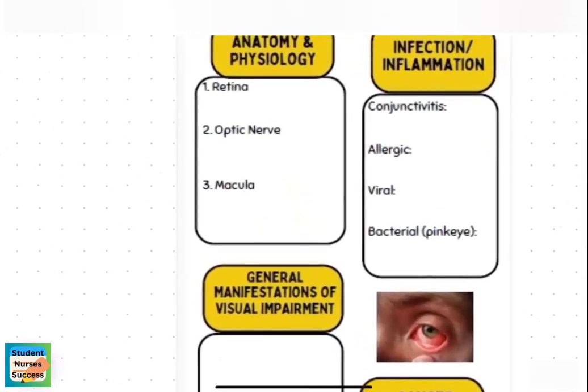There are three essential parts to vision. The retina is sensitive to light and it triggers impulses to be sent to the optic nerve.